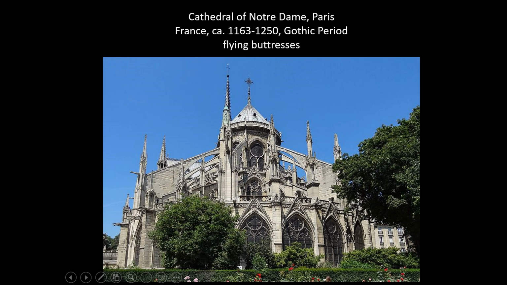So the weight bears down, over, down, and then the ground absorbs it. Anything below that arch, that flying buttress, wouldn't have to bear as much weight because that weight already was distributed away from the structure with that flying buttress above. So very, very smart.